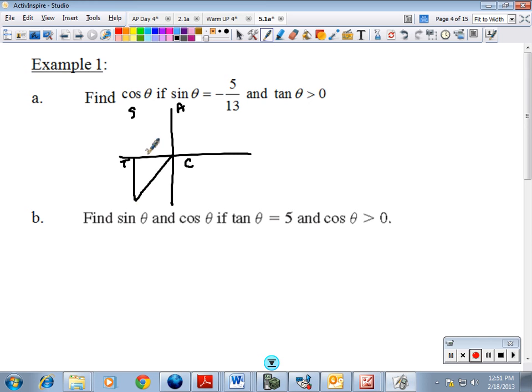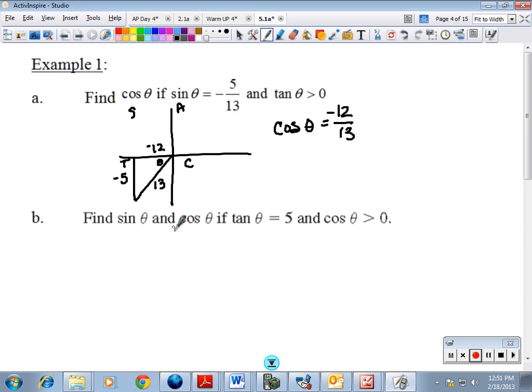Negative 5, 13, so this would be negative 12. Negative 5, negative 12. Opposite, adjacent, hypotenuse. So cosine would be negative 12 over 13, adjacent over hypotenuse.